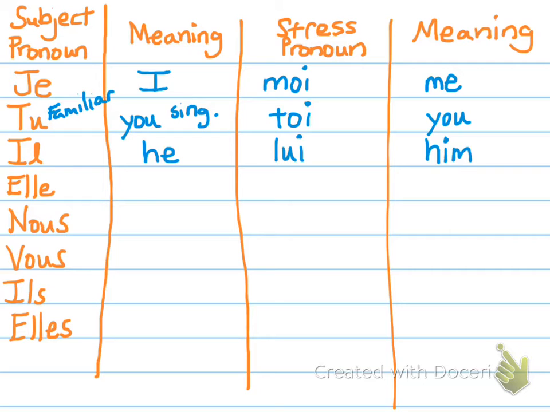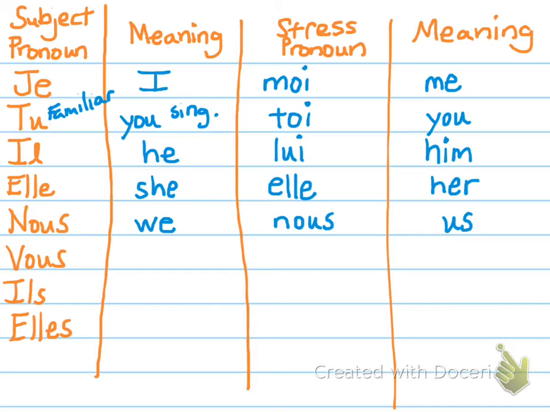Elle means she. The stress pronoun that corresponds to elle is also elle, but now it means her. The subject pronoun nous means we. The stress pronoun is also nous, but now nous means us.